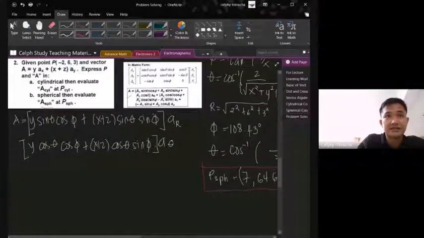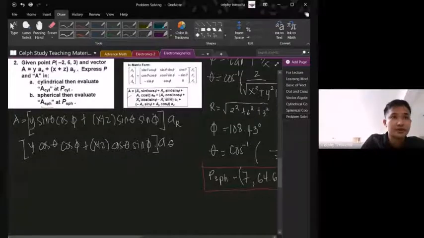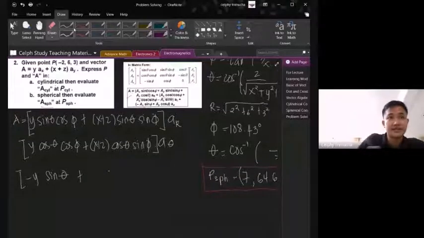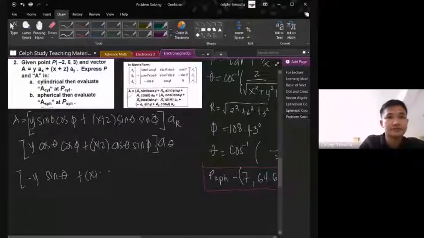We will have negative ax sine phi, A phi, so this will be equal to negative ax natin nga y, sine phi plus ay natin cosine phi, ay natin gilimera kita value, ay nga x plus z, cosine phi, then we have A phi.